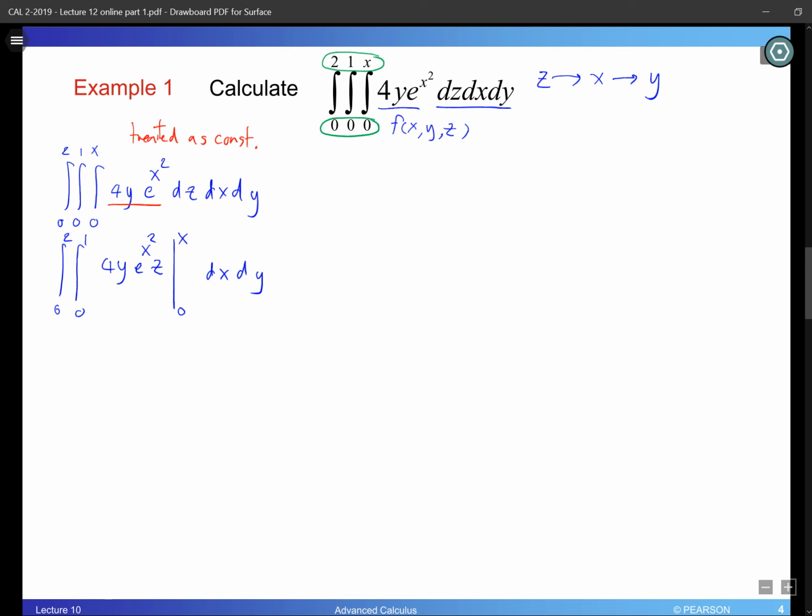Now z equal to x, this x goes into z. We are going to get 4xy e to the power of x squared, minus 0 goes in, and you can see that if 0 goes in, everything goes to 0. So I'm going to leave it like this. Integrate this.